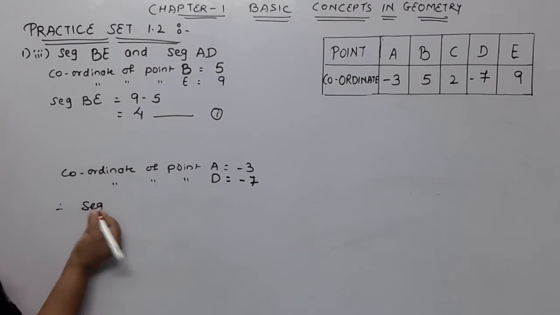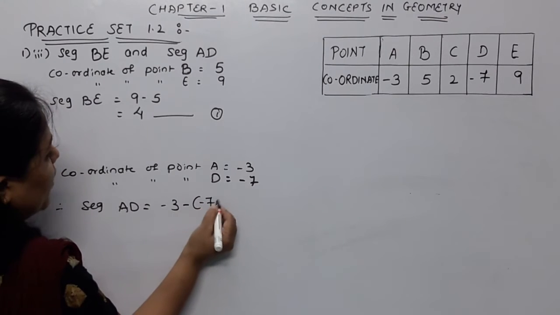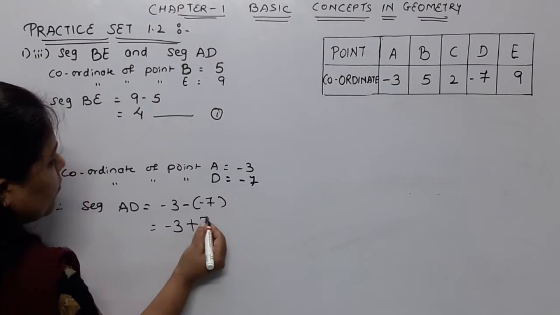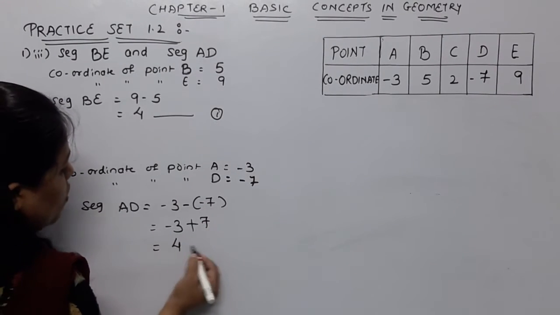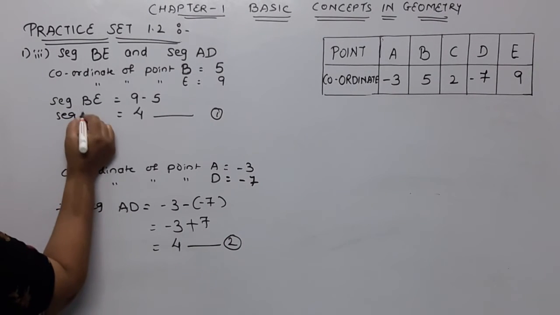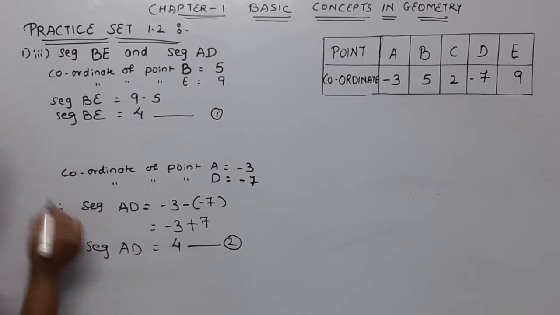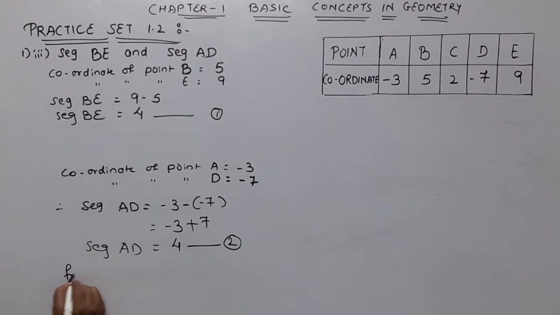Therefore, seg AD is equal to minus 3 minus of minus 7 is equal to minus 3 plus 7, that is equal to 4. This is our equation 2. So we can say that seg BE is congruent to seg AD. So write down from equation 1 and 2, seg BE is congruent to seg AD.